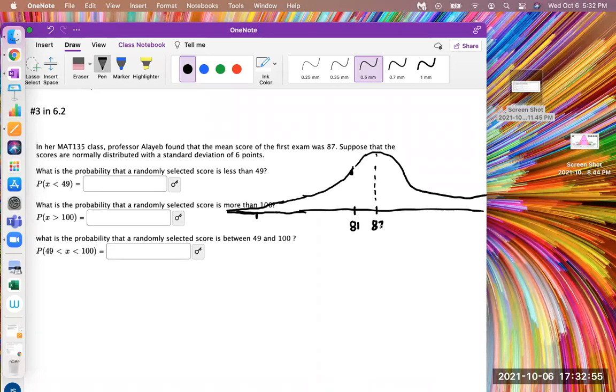So if I add 6 to 87 here, it'd be 93. So right here, at this halfway down the hill is 93. If I add another one, that would be 99.